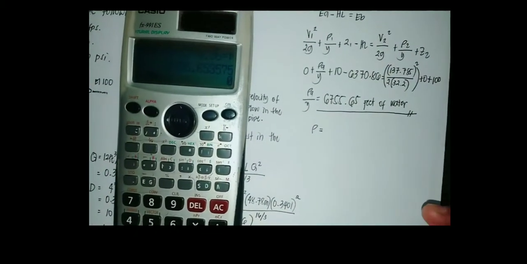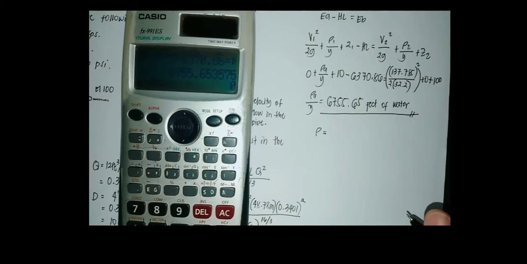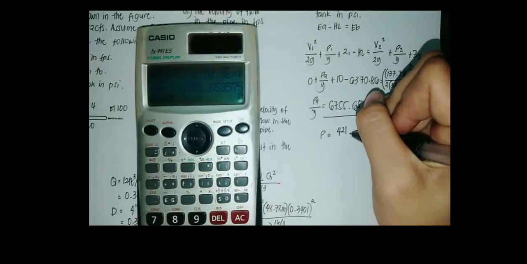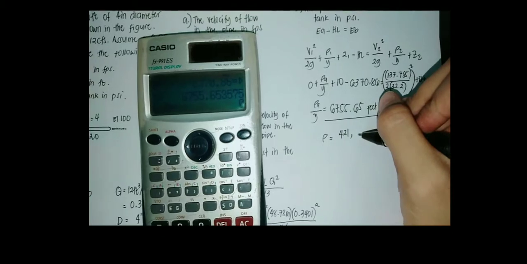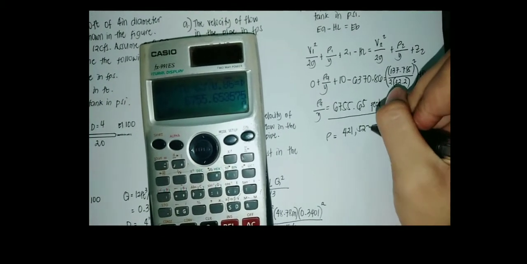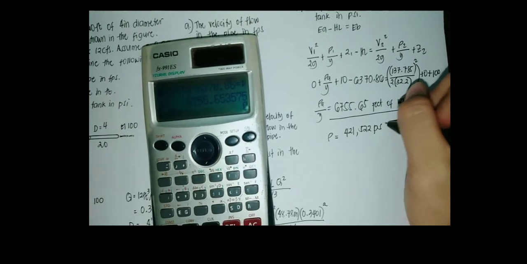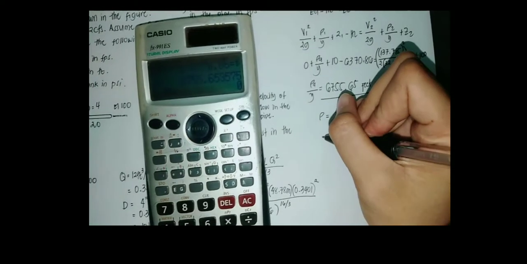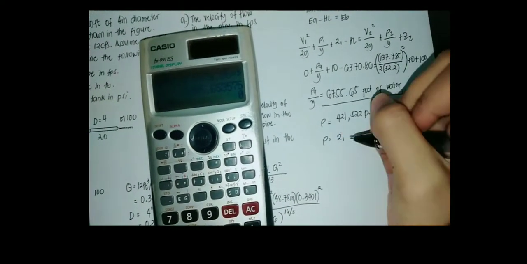P is in PSF first, 421,522 PSF. Since we need PSI, we convert it again.